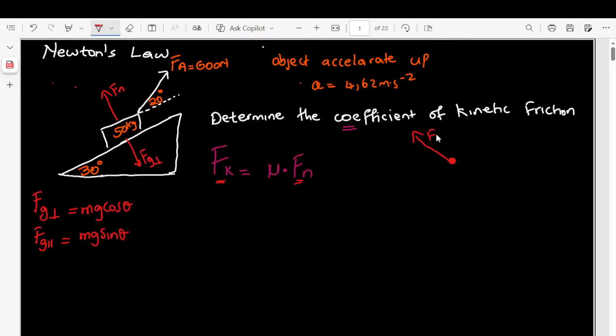This is my Fn, and I'll have my Fg perpendicular going down. I'll take up as positive, and these forces will have an acceleration of 0. So I need to find F net. So I'm going to take F net for vertical forces. Let's equate this to 0.